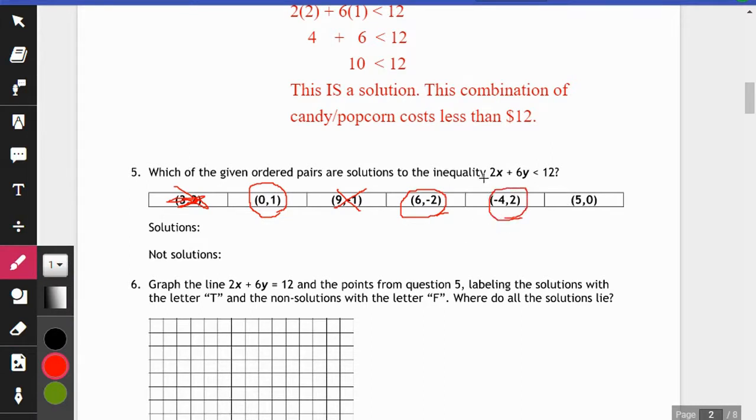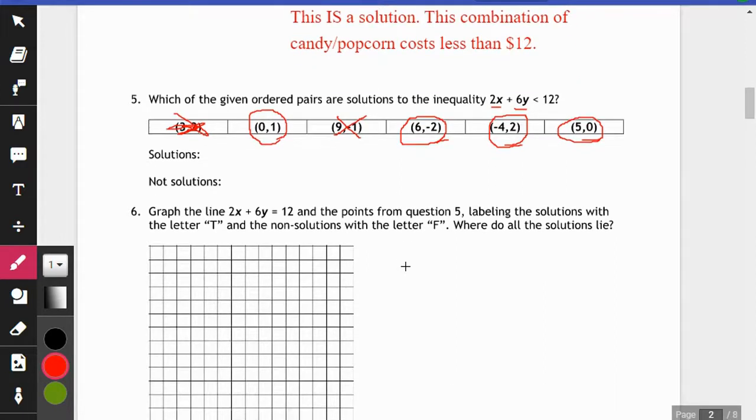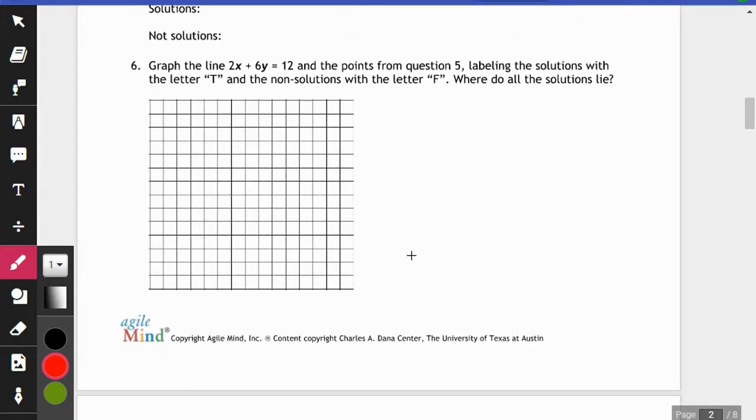And 5, 0. 5 times 2 is 10, plus 0 times 6 is 0. That's going to make 10. That's going to be less than 12 as well. You can plug them in and find out. These ones, the 2 numbers that they make will add to make more than 12. These 4 numbers that they add to make are less than 12. That's what we're dealing with here.